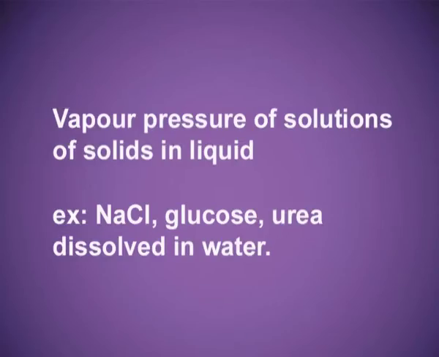Vapor pressure of the solutions of the solids in liquid. For example, if we prepare a solution mixing sodium chloride or glucose or urea in water, then this sodium chloride or urea or glucose are non-volatile.